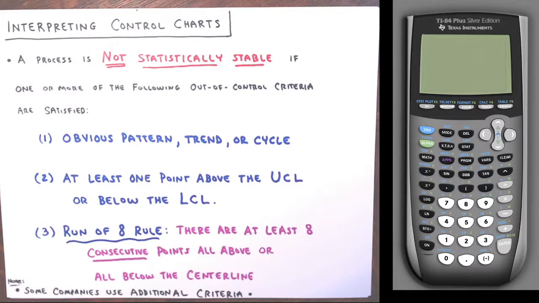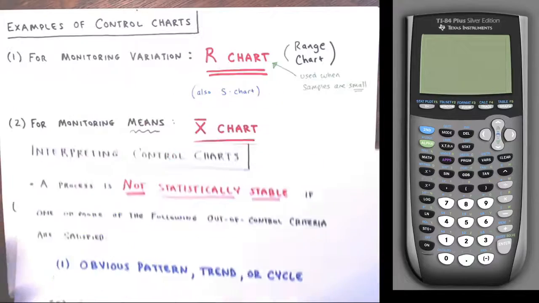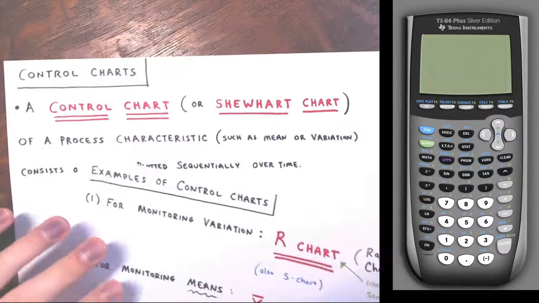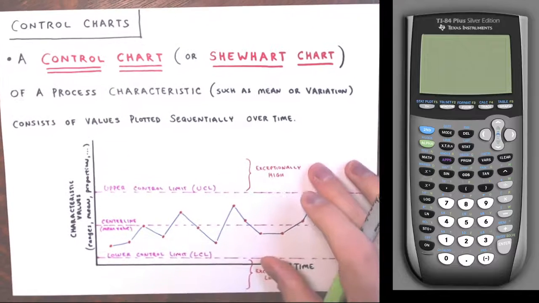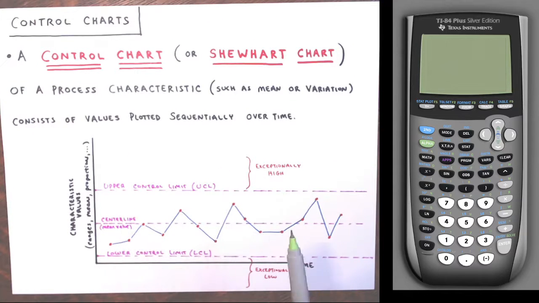The reason for that is, you think of the center line, the mean value. If you figure it's like a coin flip, say the probability of being above the center line and being below the center line are about the same, about 50-50.